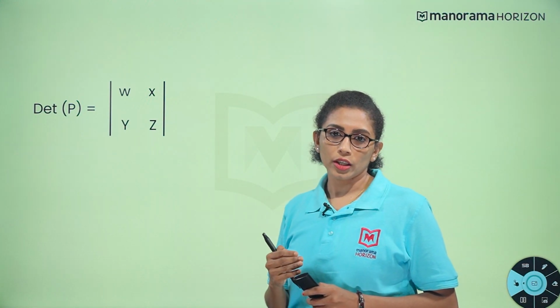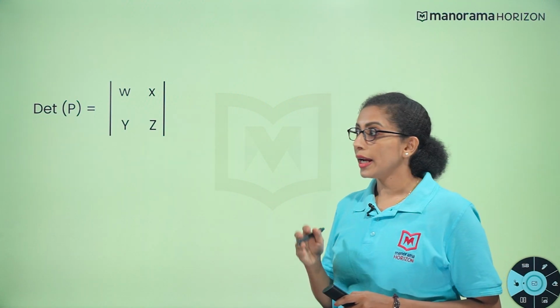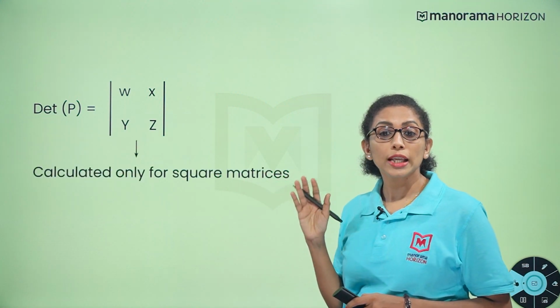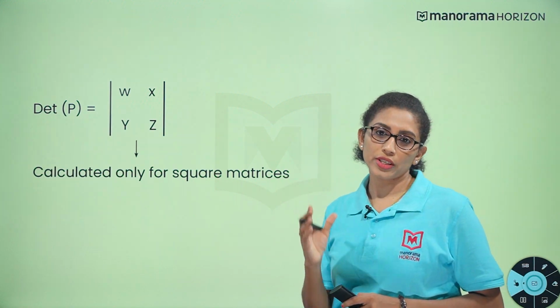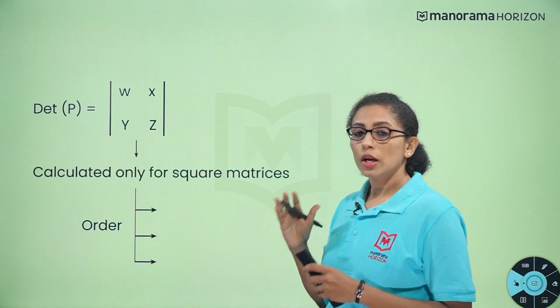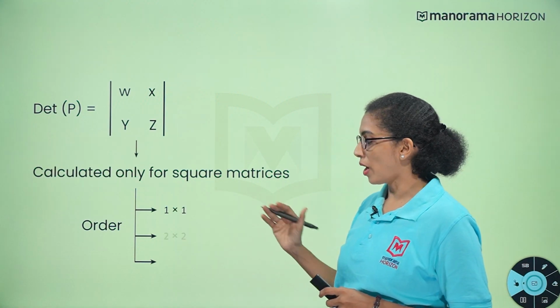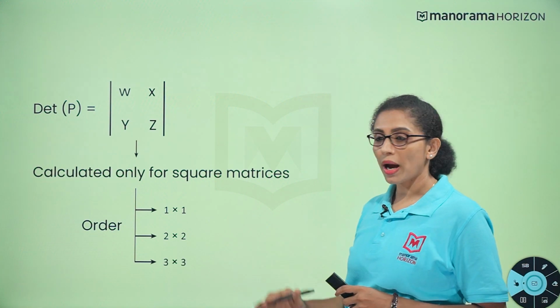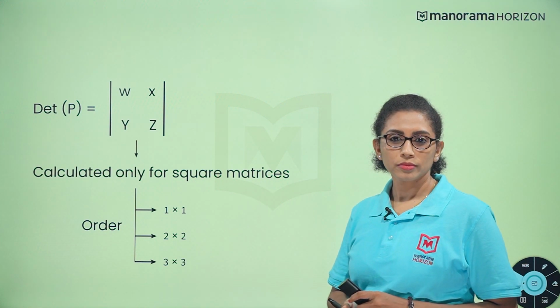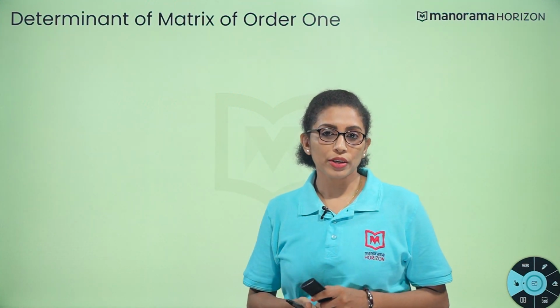Another important thing which we need to know about the determinant is that it can be calculated only for square matrices. Yes, it works only for matrices of order 1 by 1, 2 by 2 and 3 by 3, and so on. Now, how do we calculate the determinant of a matrix?